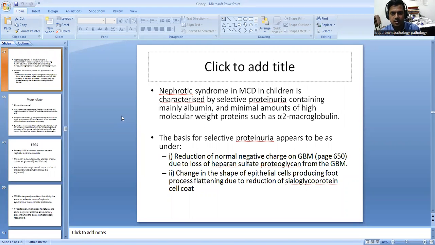The basis for selective proteinuria appears to be, number 1, reduction of normal negative charge on glomerular basement membrane due to loss of heparan sulfate proteoglycan from the glomerular basement membrane. Number 2, change in the shape of epithelial cells producing foot process flattening due to reduction of sialoglycoprotein.